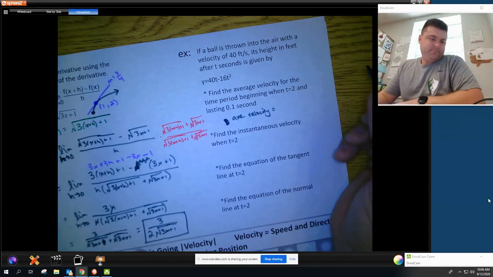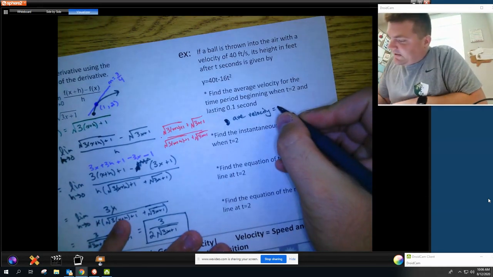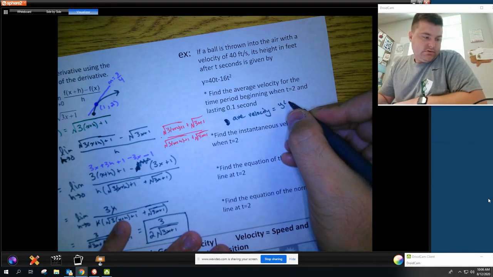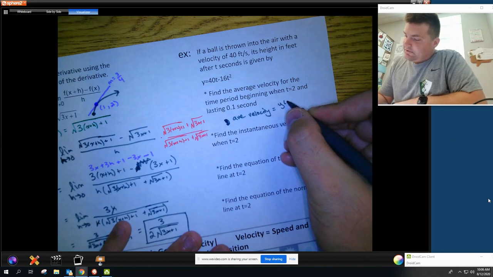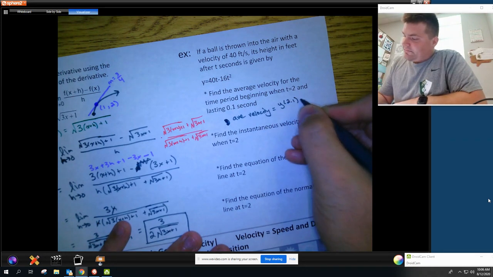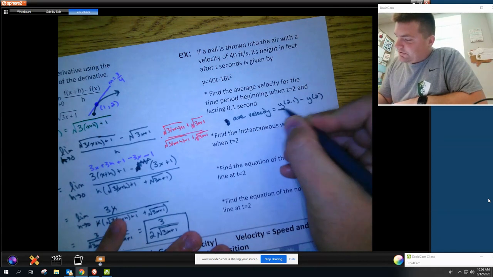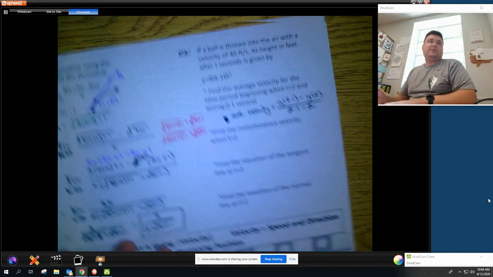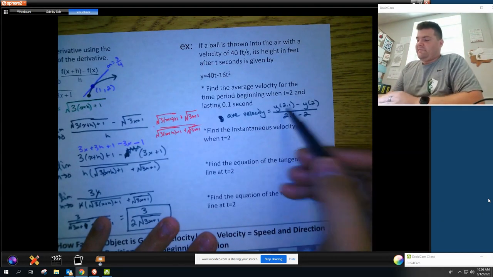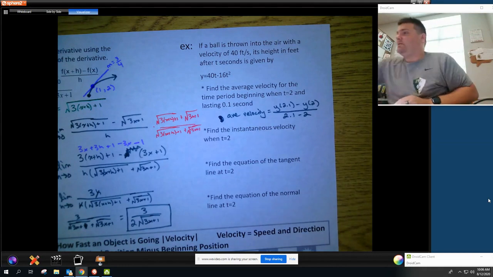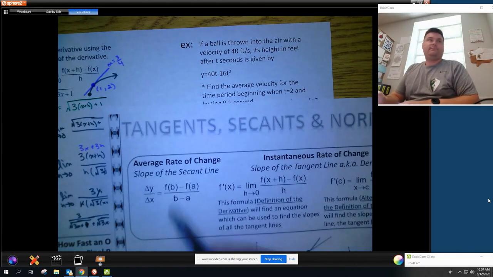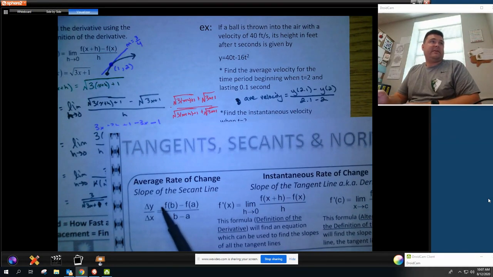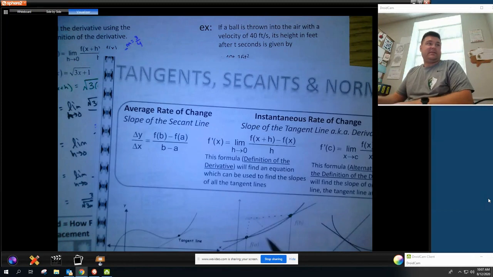is equal to, well, if I plug in a y of 2.1 minus y of 2 all over 2.1 minus 2. Okay. So essentially what I'm doing is finding the average velocity, which is like this right here.